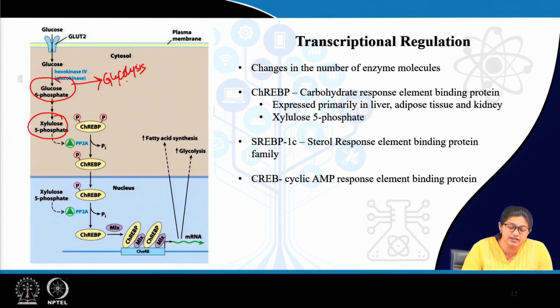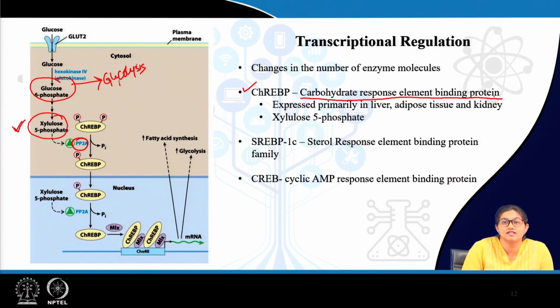Now, in the HMP shunt there is xylulose 5-phosphate formation, which activates phosphoprotein phosphatase 2A. Remember, it causes dephosphorylation. Now, what happens? There is one transcription factor, carbohydrate response element binding protein.